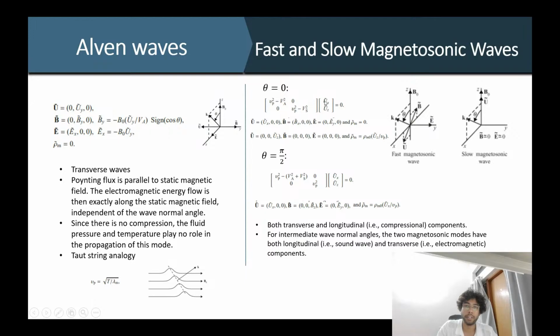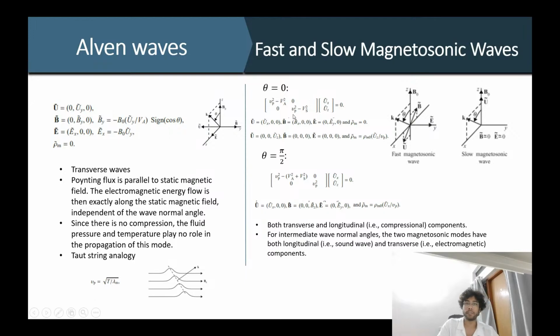Here the only two solutions, the eigenvectors, could be (1, 0) and (0, 1), corresponding to the cases when Vp square equals Va square and Vp square equals Vs square. So when Vp square equals Va square, the Alfvén speed square, this term will become 0, and then we'll have this first solution. Whereas when Vp square equals Vs square, this term will become 0, and then we'll have the second solution. Right? I hope that's clear.